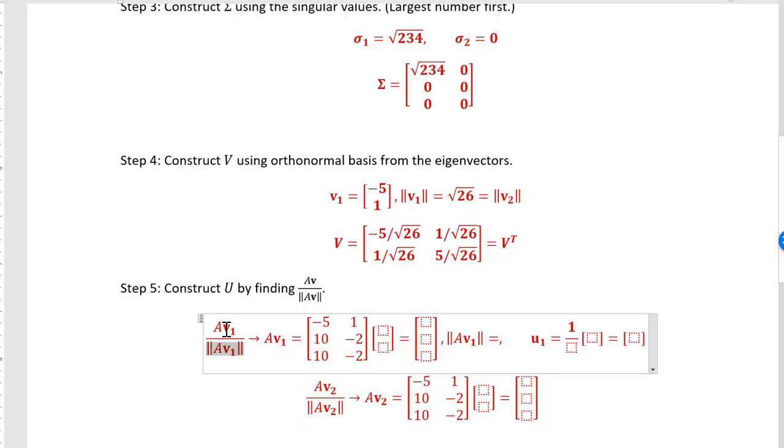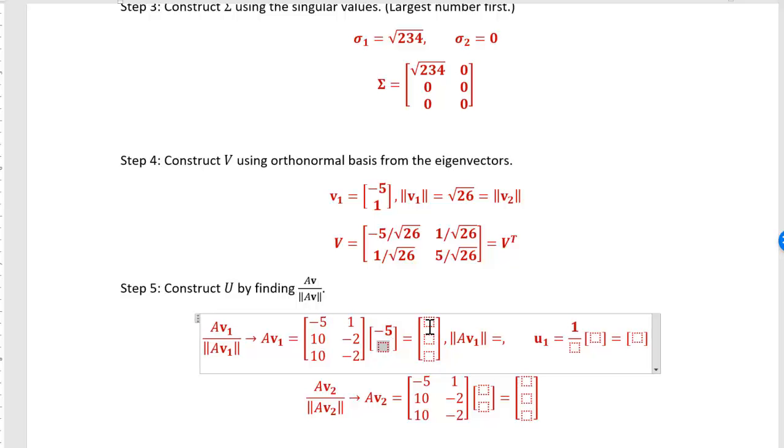Even if you used your normalized V vector, your answer here will probably not be a unit vector, and so you're going to need to divide by that quantity anyway. So why not deal with -5, 1 instead of -5 over root 26, 1 over root 26. So the V that I'll choose to multiply here is going to be -5, 1.